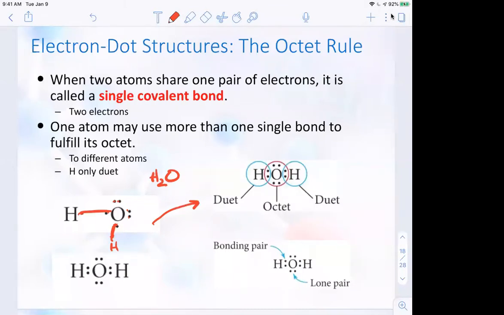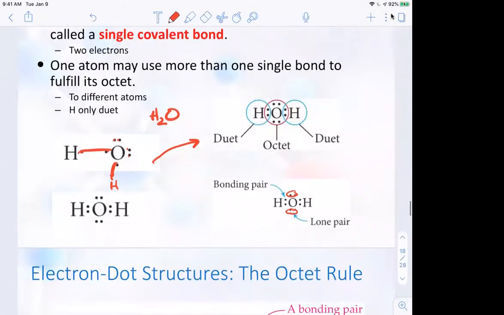And when I do that, I end up with each hydrogen atom having a duet, and with the oxygen atom having an octet, because it's accepting each electron from each separate hydrogen atom to fulfill its octet and get 8 electrons around it. So I have bonding pairs that are forming the actual bonds, and then I have these lone pairs which are on oxygen, they're localized on oxygen, but they're not engaged in actual bonding. They're there because they fulfill the octet around the oxygen.